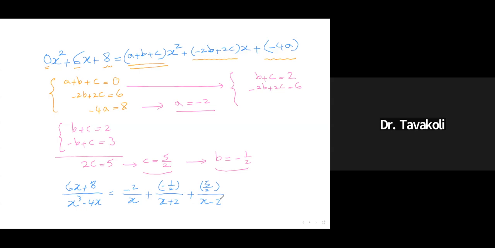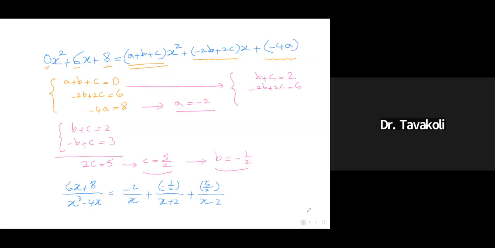Step 2 is the integral step, where we integrate both sides. So the integral of the left side is the question that we are working on: the integral of (6x + 8)/(x³ − 4x) dx.